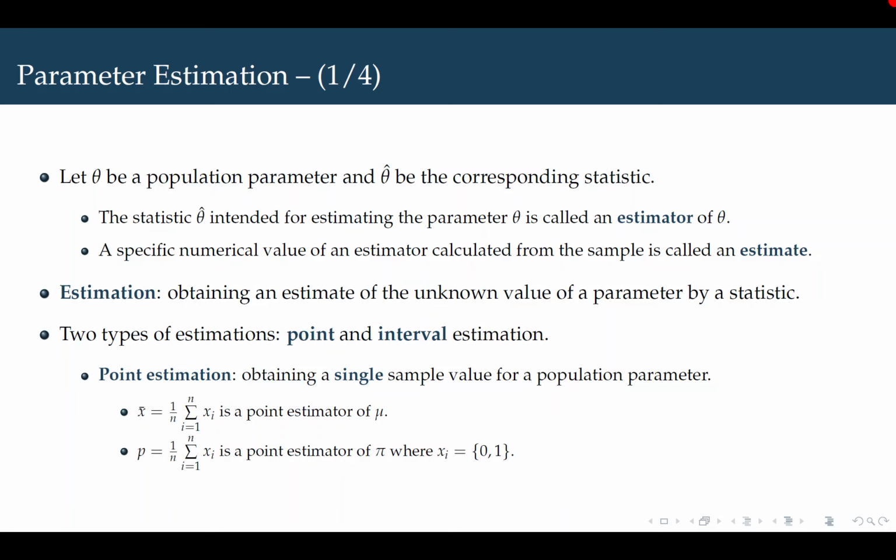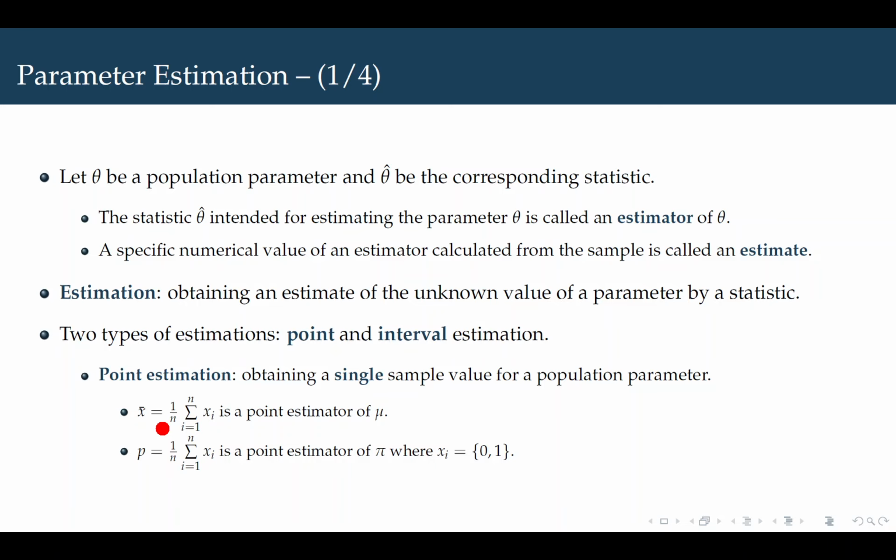In point estimation, we are interested in finding a single sample value for the population parameter of interest. So for example, sample mean is a point estimator of the population mean. So the formula 1 over n times the sum of xi, i runs from 1 up to n, is said to be an estimator.